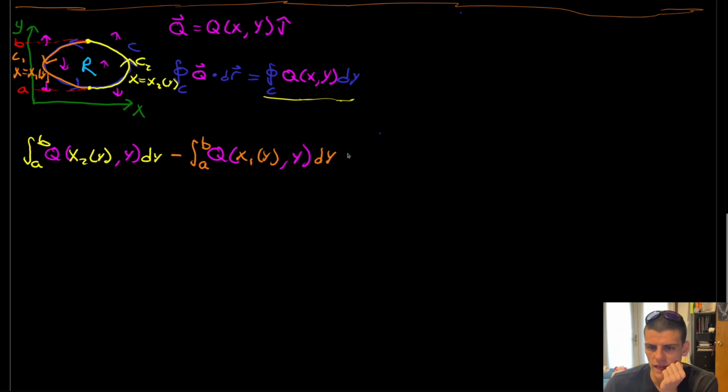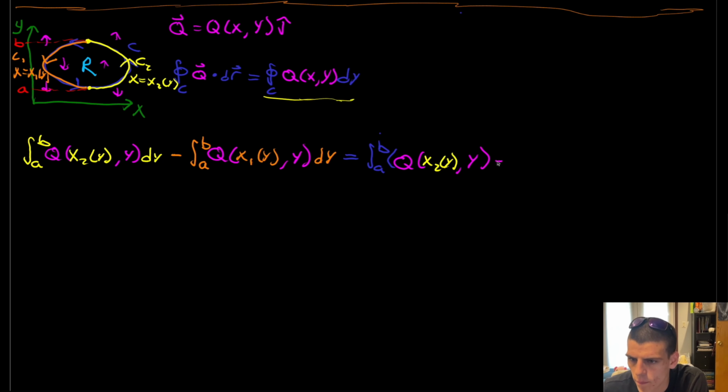Now, as we saw last time, we'll simply rewrite this as one integral from a to b. And then in that integral, we will have Q of x2 of y and y, minus Q of x1 of y and y.